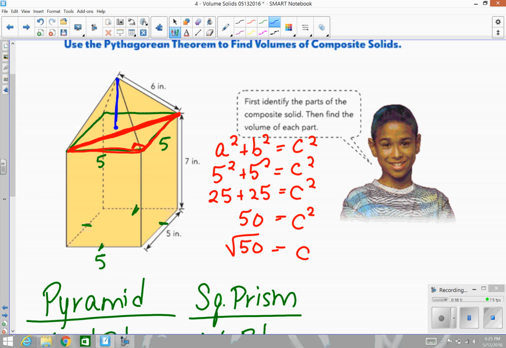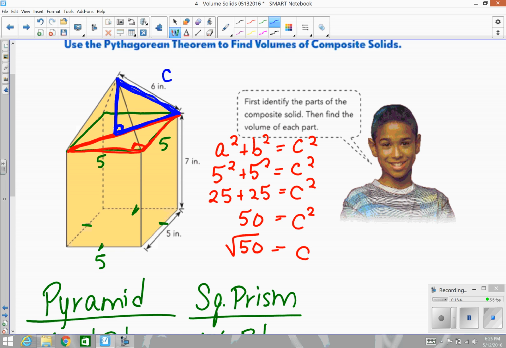Now back to this, the height of the pyramid. Watch what I'm doing. This height plus half the diagonal plus the slanted side. We know the slanted side is 6. That's your hypotenuse.